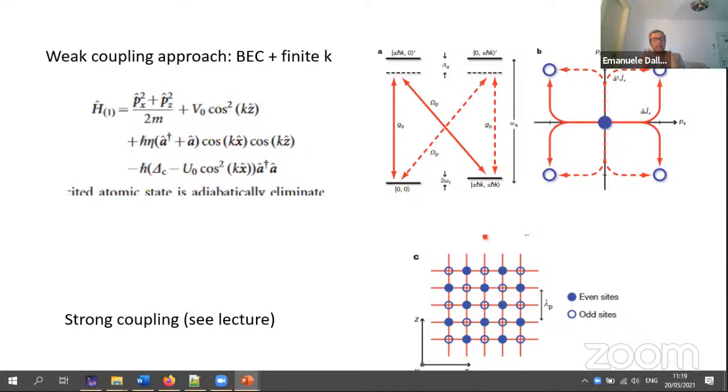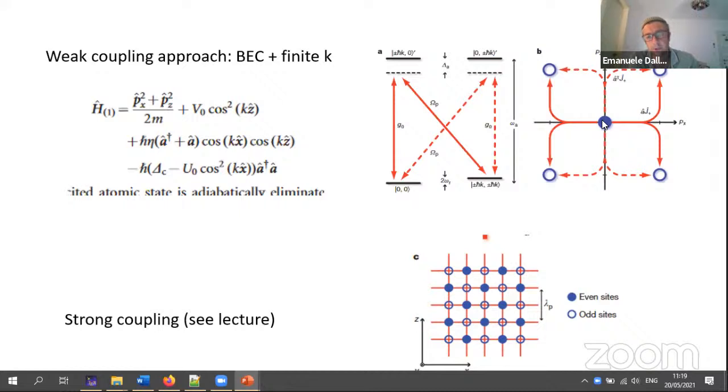Now, what does the potential do for you? The scattering potential basically scatters the atom by momentum k. What you really do is absorb a photon from the pump. So you start at zero momentum, then you absorb a photon from the pump, so your momentum changes. Let's say that the light comes from above.